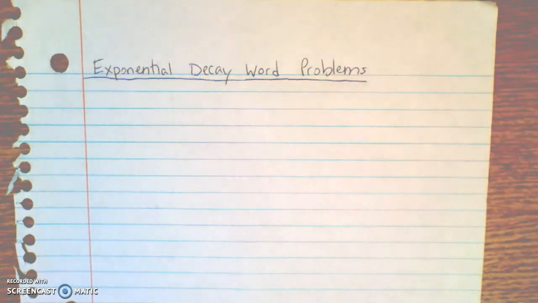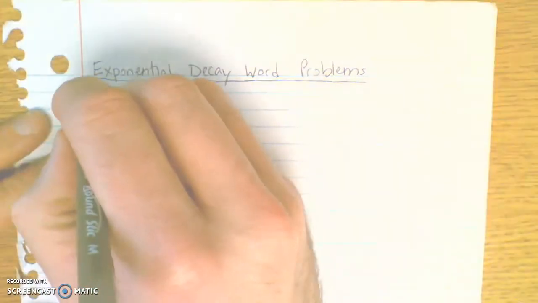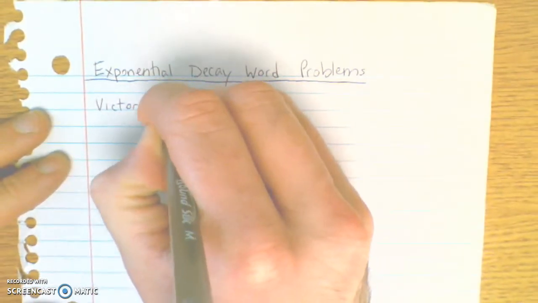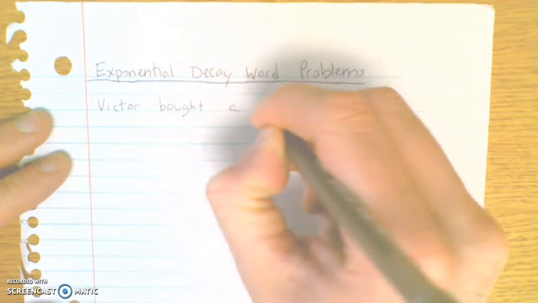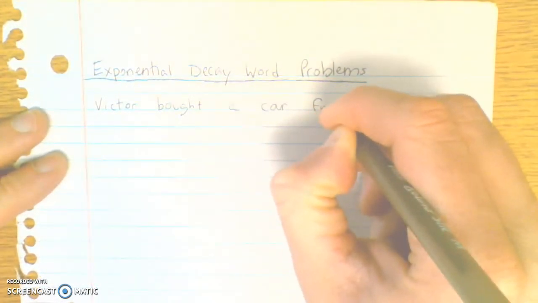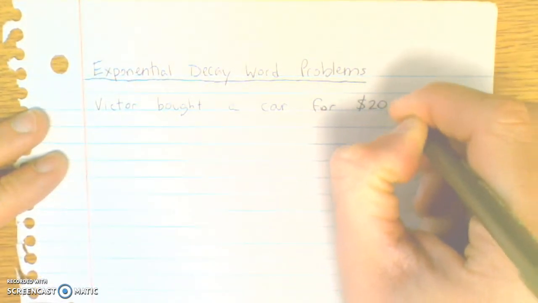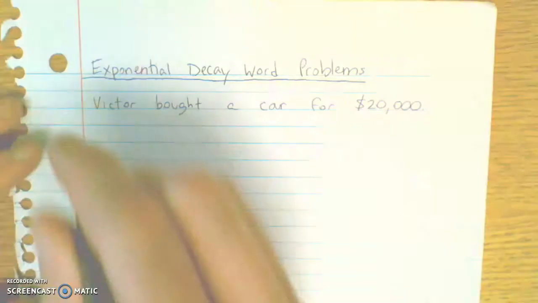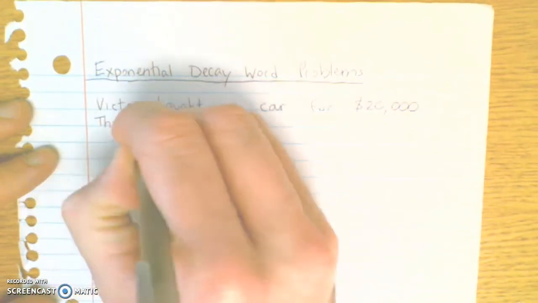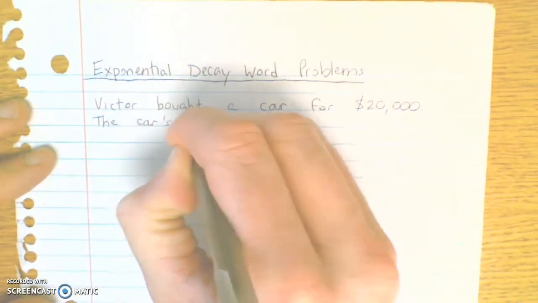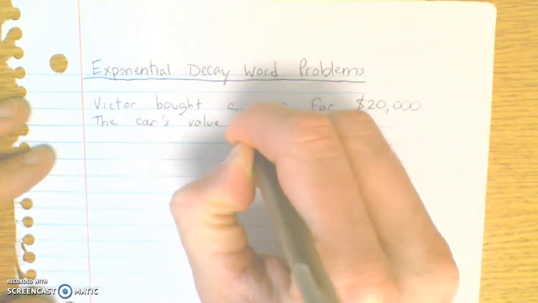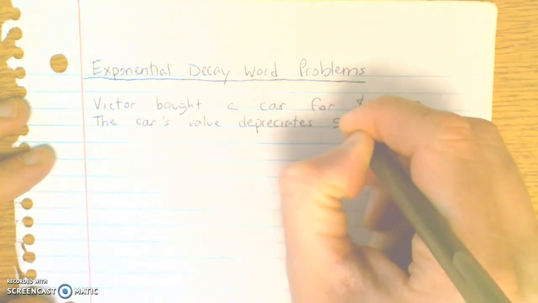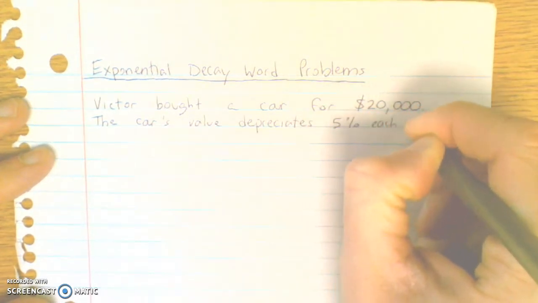Okay, so for our example today, let's say that Victor buys a car for $20,000. The car's value depreciates 5% each year.